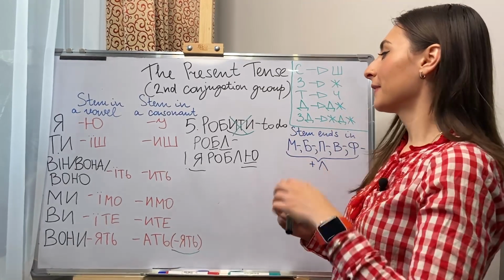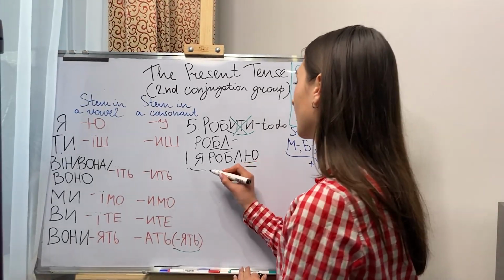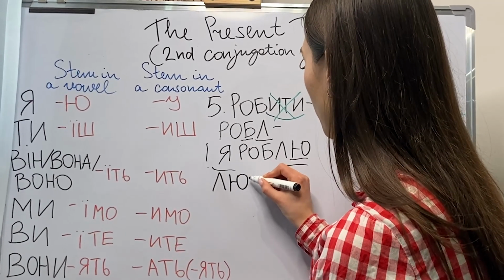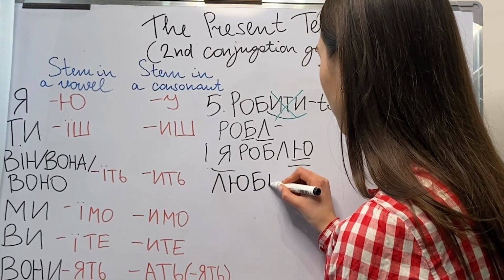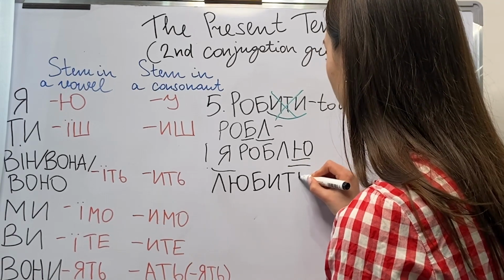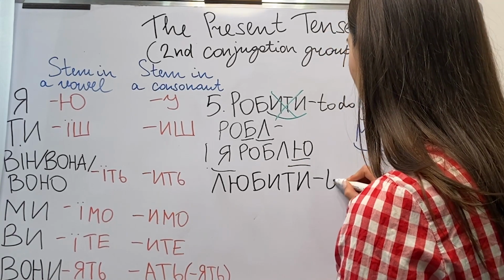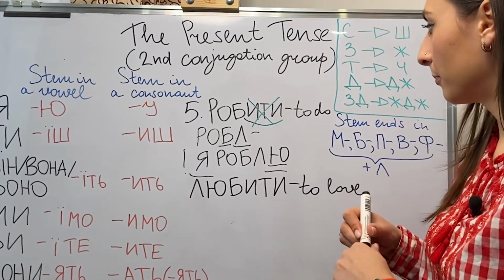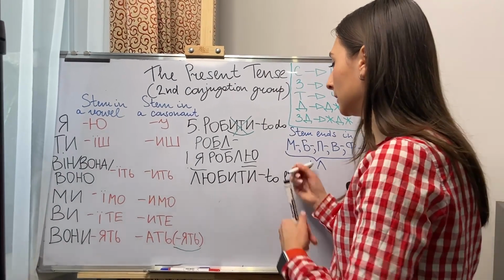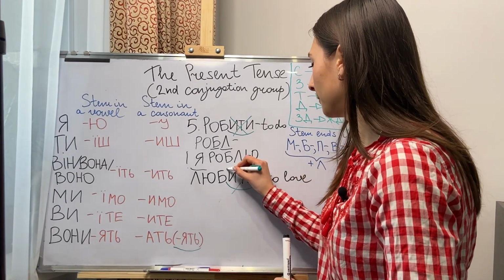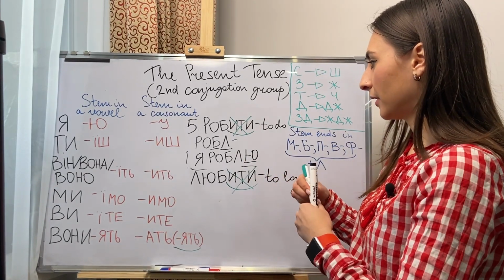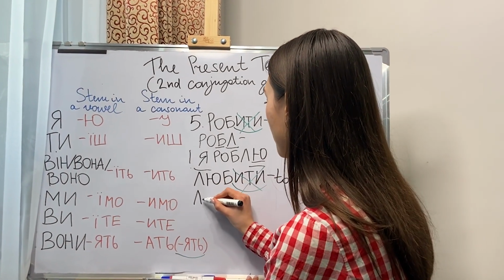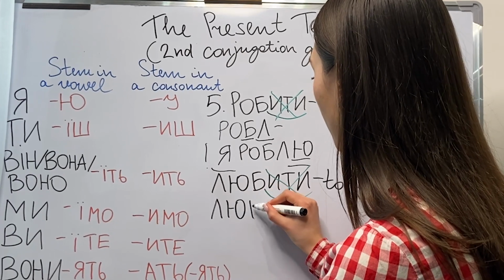The next one. Любити. Любити means to love or to like. But we would translate it as to love more. Ending ити. We drop it. We have the stem люб.